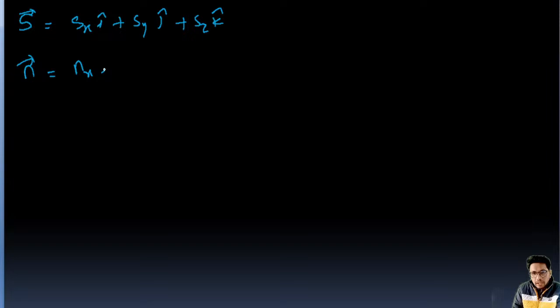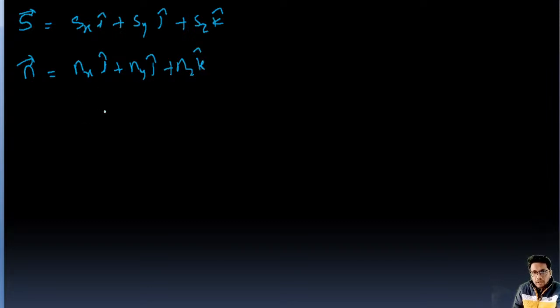So first we'll write the S vector as Sx i cap plus Sy j cap plus Sz k cap. And vector n we can write as nx i cap plus ny j cap plus nz k cap.